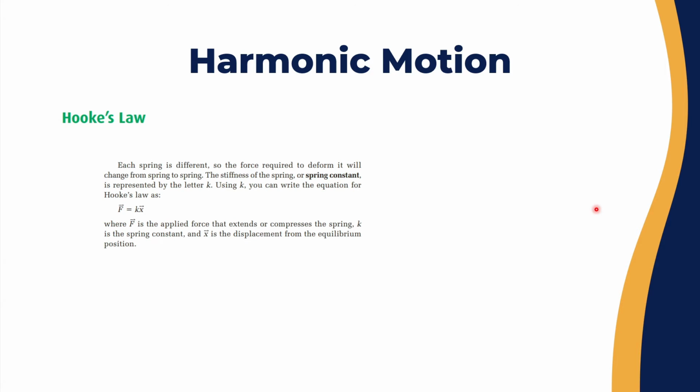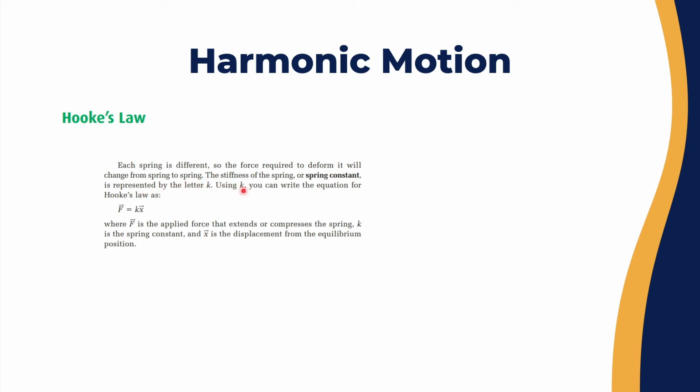Each spring is different. The force required to deform it will change from spring to spring. The stiffness of the spring, or the spring constant, is different between each spring depending on the material it is made of, and the angle and the amount of force applied to it.